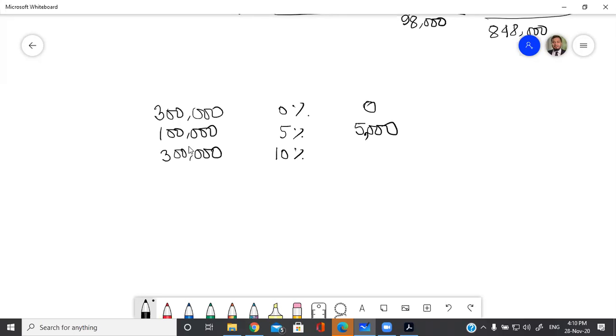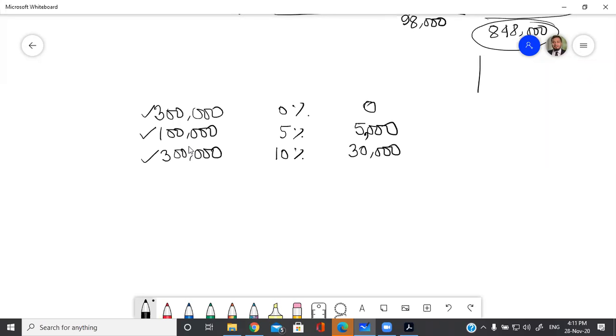Our total income is 848,000. So up to these three slabs, we have covered 700,000. So we need to obviously write down the 300,000. But in the next slab, we need to check how much is remaining to be charged. Okay. Now what will be here? 148,000.